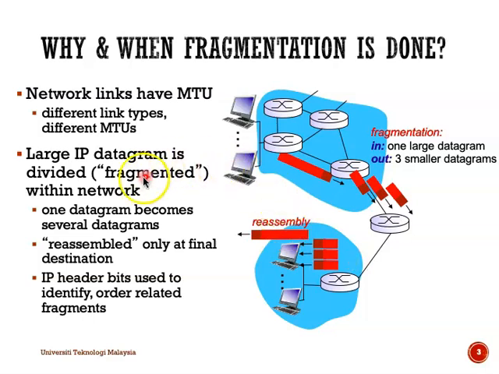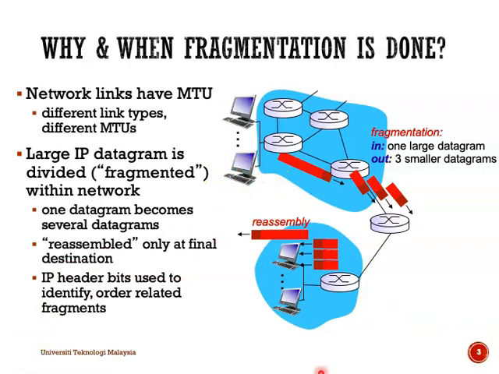Because each IP datagram is encapsulated within a link layer frame for transport from one router to the next, the MTU of the link protocol places a hard limit on the length of the IP datagram. Different link types have different limits because they use different link layer protocols, and each of these protocols has a different MTU.